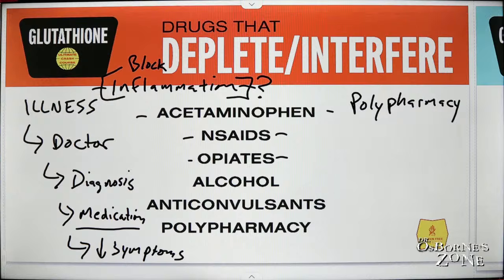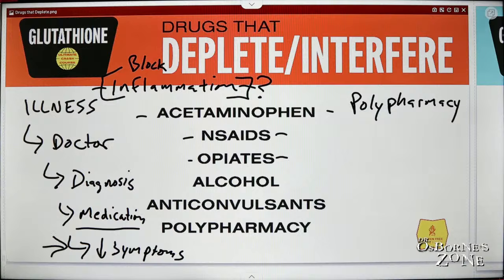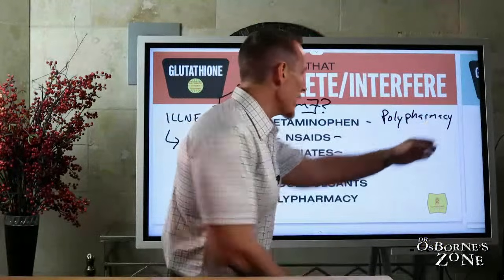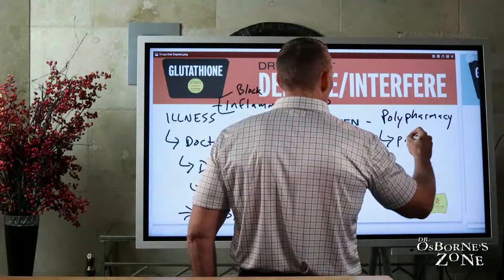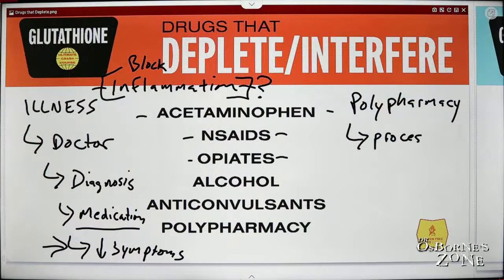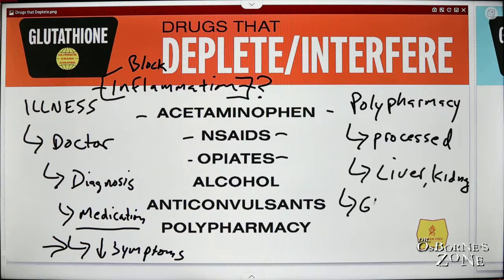Again, it's all about symptom management, and it has nothing to do with resolution of illness or education about why illness exists. And you get all these different medications, and these medications have to be processed. What does the body use to process medication? It uses the liver and the kidney. And what is the primary agent of medication breakdown? Well, one of the primary agents is glutathione.